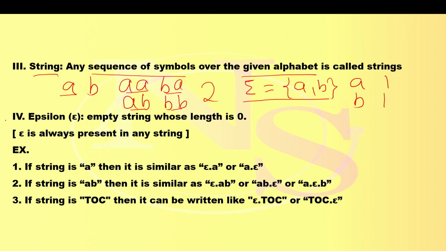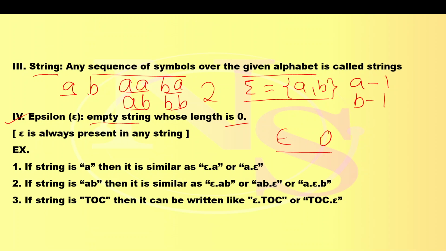So let's see the last terminology, epsilon. Epsilon is also a string, but the only thing is that it's an empty string. Obviously its length will be 0. It is denoted by the symbol epsilon, whose length is 0. Like string A has length 1, string B has length 1, similarly epsilon has length 0.